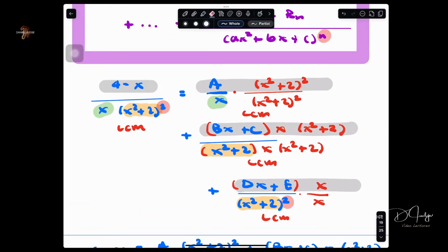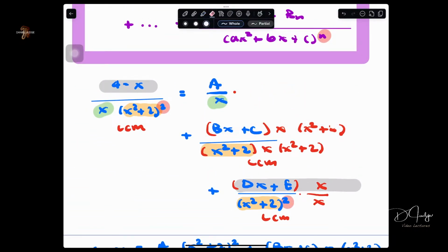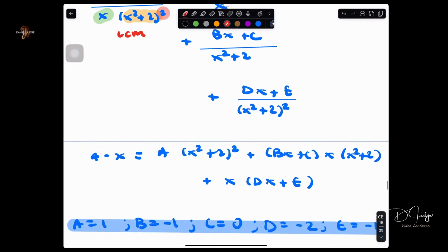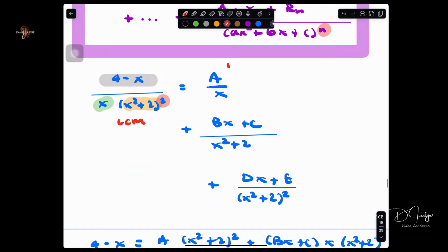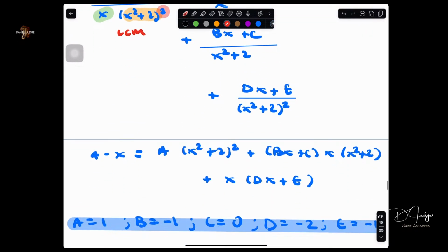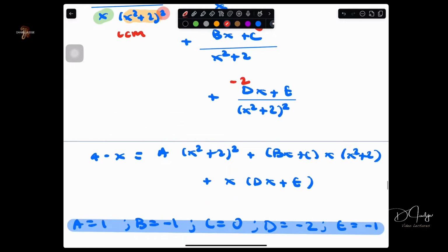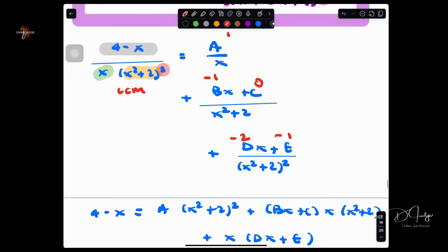So let's go back here and erase this. Now we have A is 1, B is negative 1, C is 0, D is negative 2, and E is negative 1.